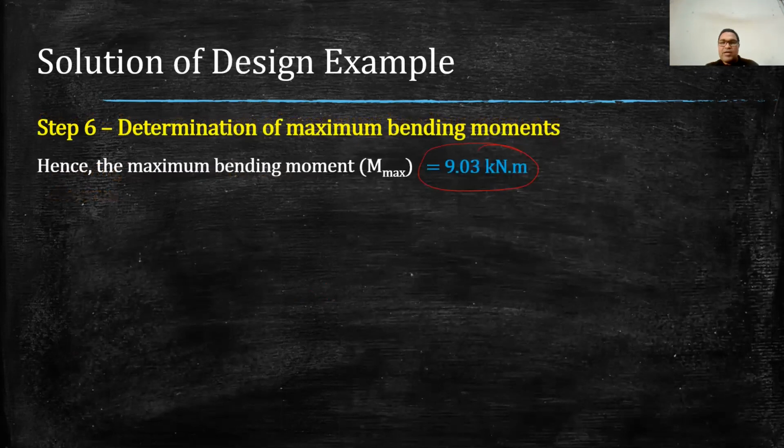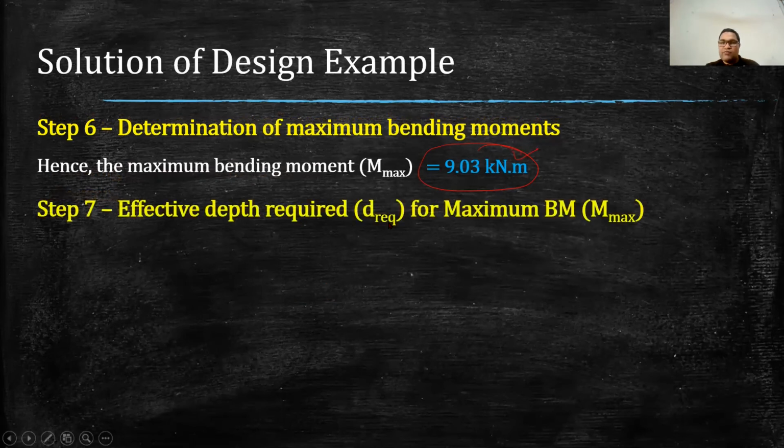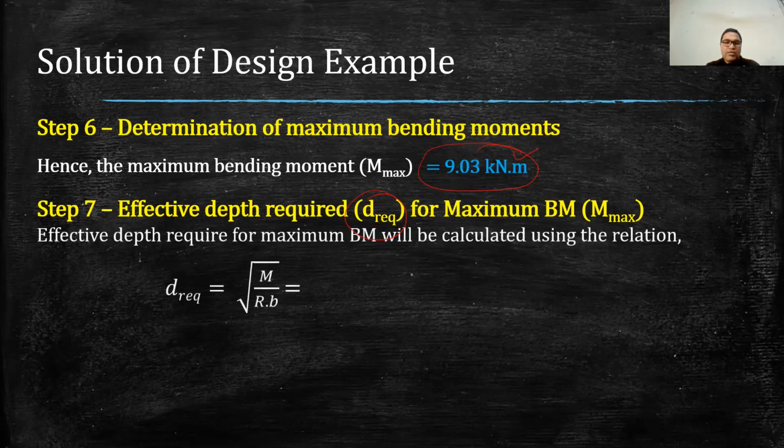So this is the bending moment Mx, and for this now we will check whether the depth of slab is sufficient or not. So effective depth required for maximum bending moment is calculated by using this formula: D required is equal to under root M by Rb. So putting all the values, M value will be 9.03 into 10 raised to power 6, because we have to get the value of D required in mm.